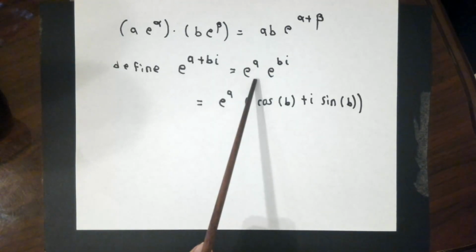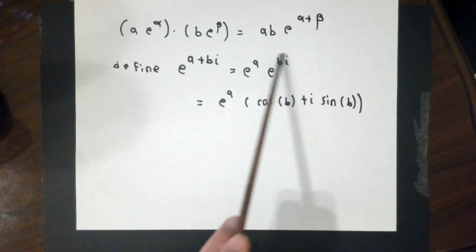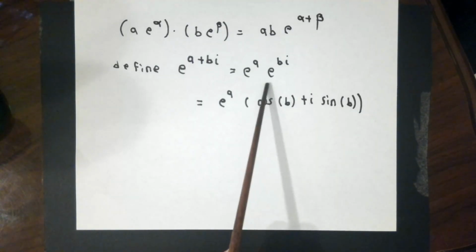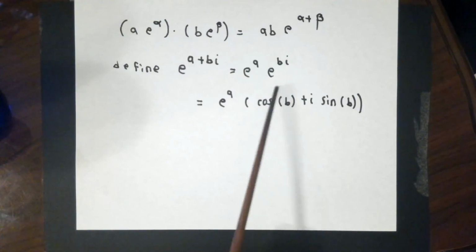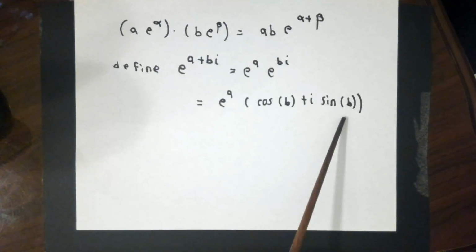It will be the real number e to the a, multiplied by that symbol, for which I'm going to make up a definition. And once again, you shouldn't take that e too seriously at the moment, although later on we will take it seriously. For now, this symbol is just shorthand for cosine b plus I sine b.